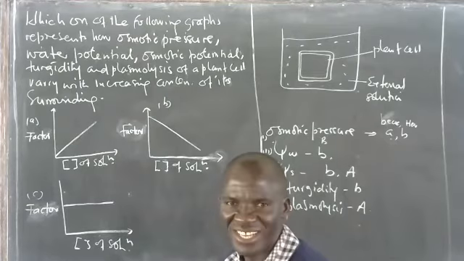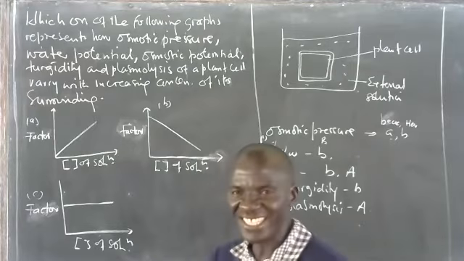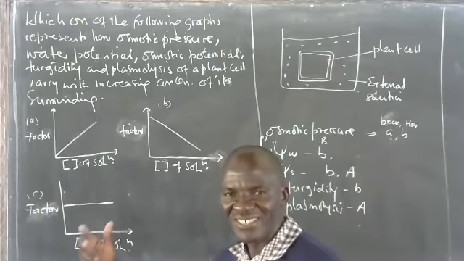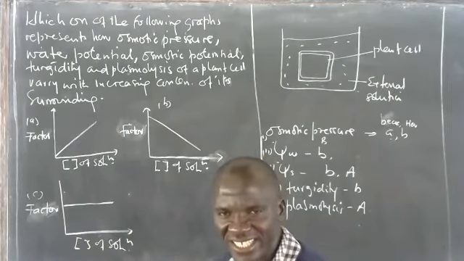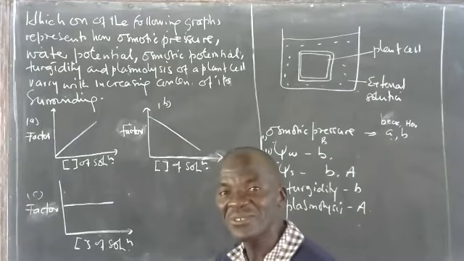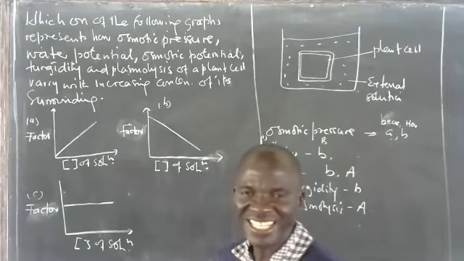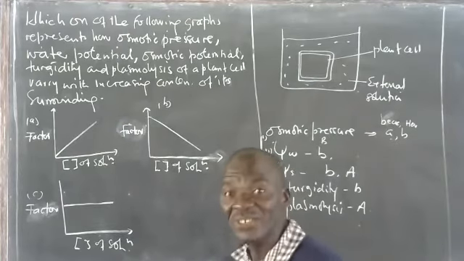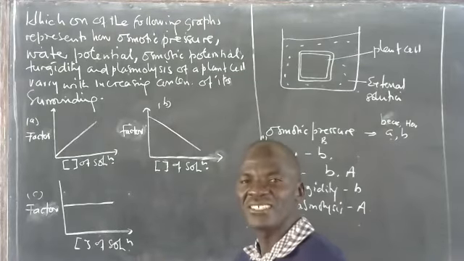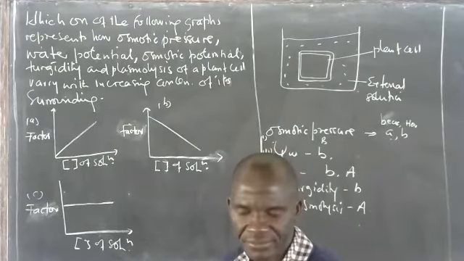As the cell loses water to the increasing concentration of the surrounding, its concentration will be increasing, because as you lose water, the proportion between the solute and the water molecules is decreasing. So as the concentration of the cell that is losing water increases, so does its osmotic pressure.